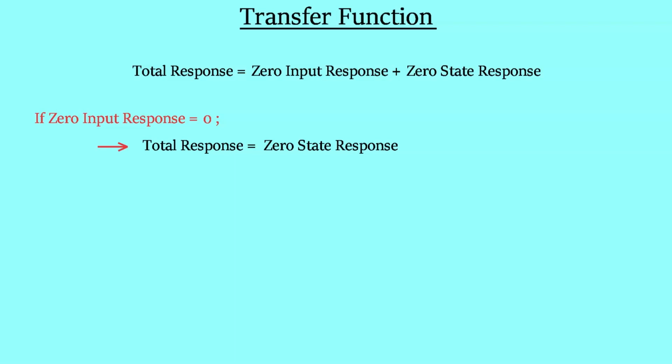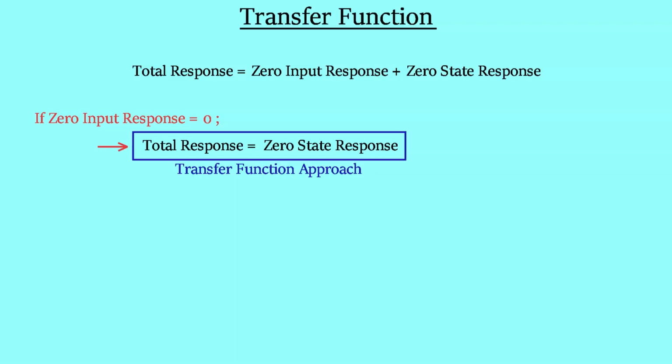If such a condition arises, then we can apply the transfer function approach. But if you come across a question in an exam where the initial state of the system is not zero, then you have to go through the state variable approach.